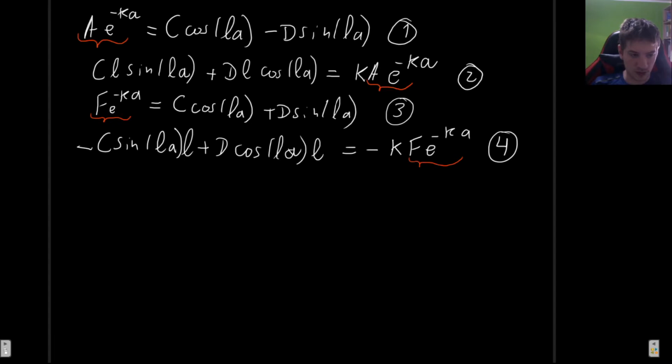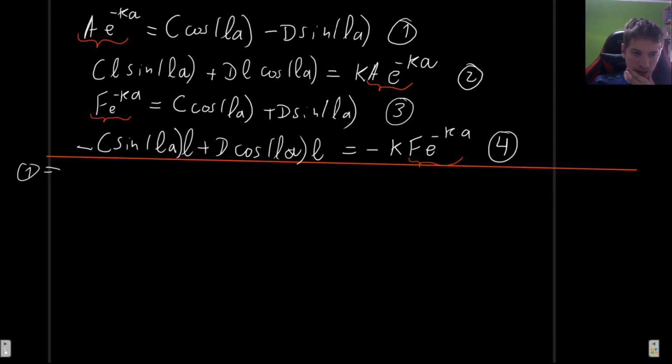Okay, I'm going to actually draw a decent line. Okay, that's not much better, but whatever. So equation 1 into equation 2. So that's going to be K times A e to the minus Ka, which is going to be all of this.